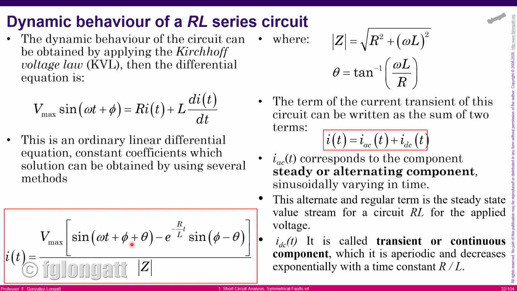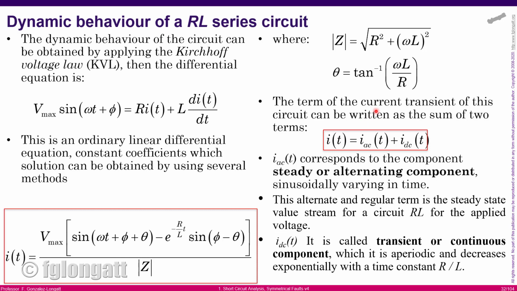In this expression, I try to put the expression in a way that resembles AC circuits. For instance, here in the denominator, we are using the magnitude of the impedance, and the angle in this case is coming from the impedance, okay?